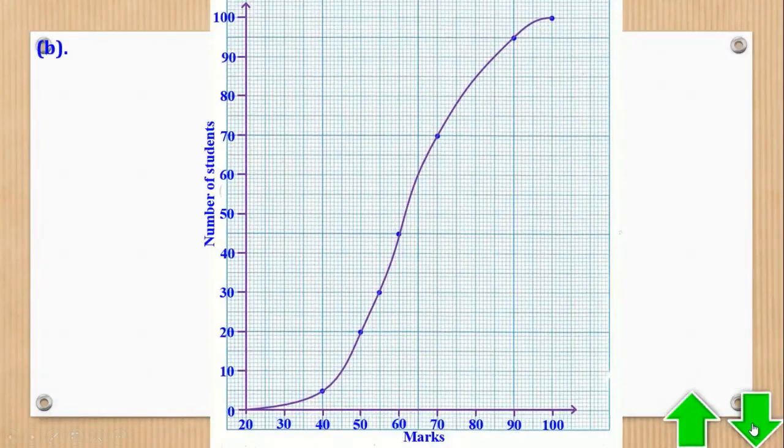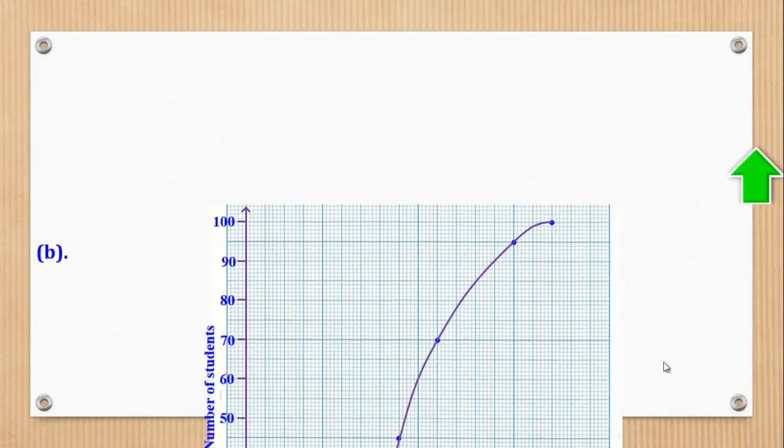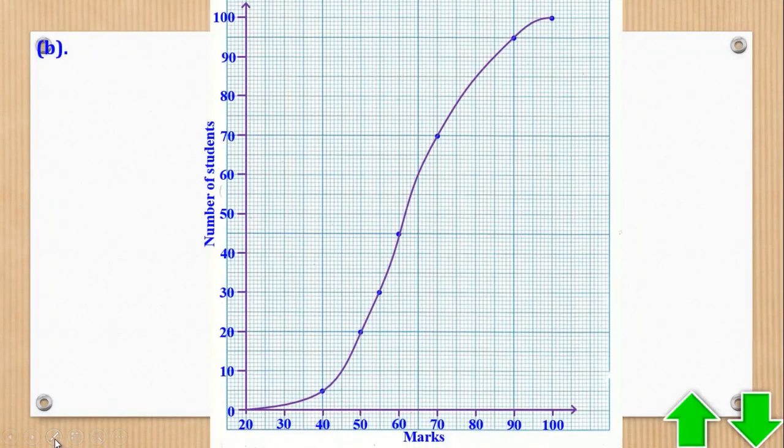For the semi-interquartile range, we first need to get the positions. The position of the lower quartile is a quarter of the total frequency, which is 25. Then I'll come back to the graph and look for 25 on the vertical axis.